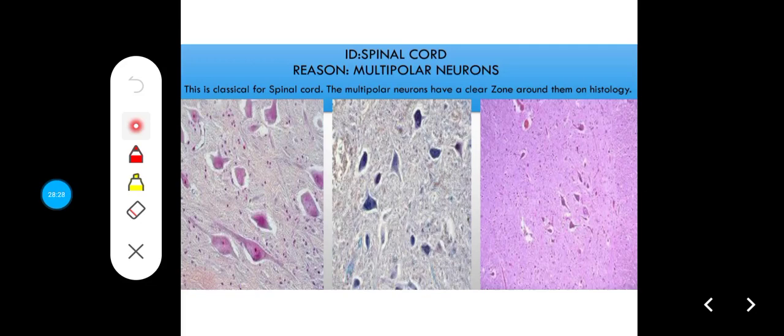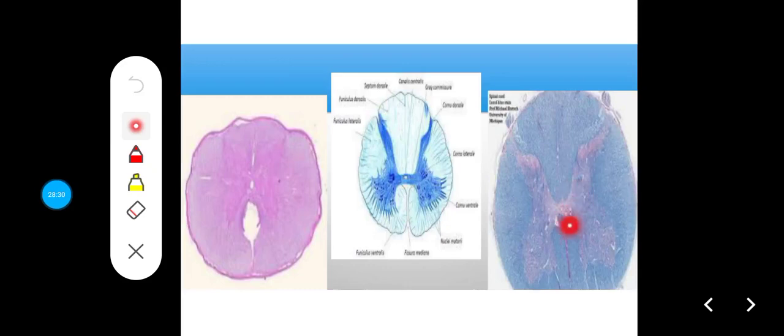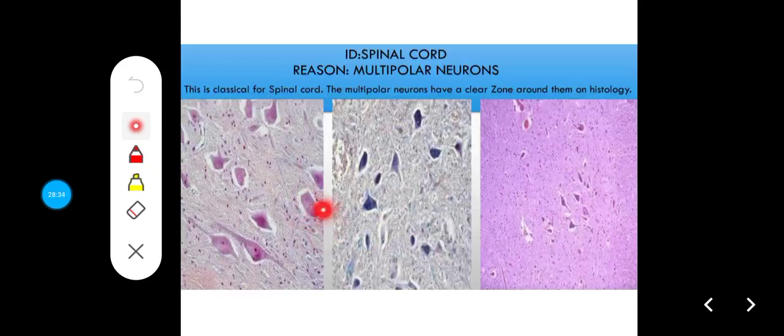Now when you zoom into the gray matter of the spinal cord, this is what you are going to see. Multipolar neuron. I've drawn how it looks, with multiple processes. So this is classical for the spinal cord. The multipolar neuron has a clear zone around it on histology. Look at this neuron here with multiple processes.